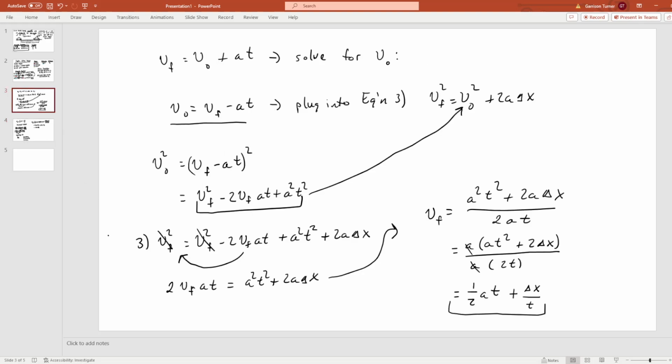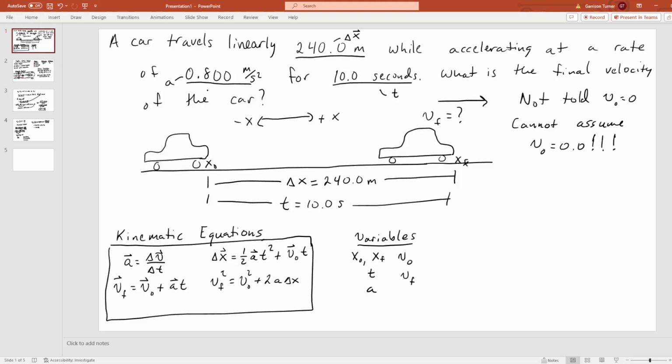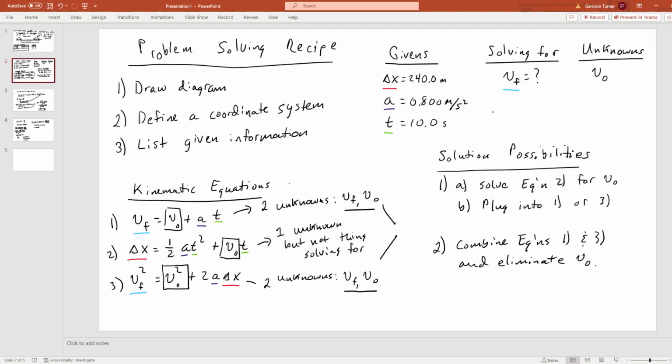So hopefully this tutorial demonstrates a few things. Number one, helping to translate the words and numbers that you have in a word problem into your variables that you can collate into your givens, the thing you're solving for, and any leftover unknowns.